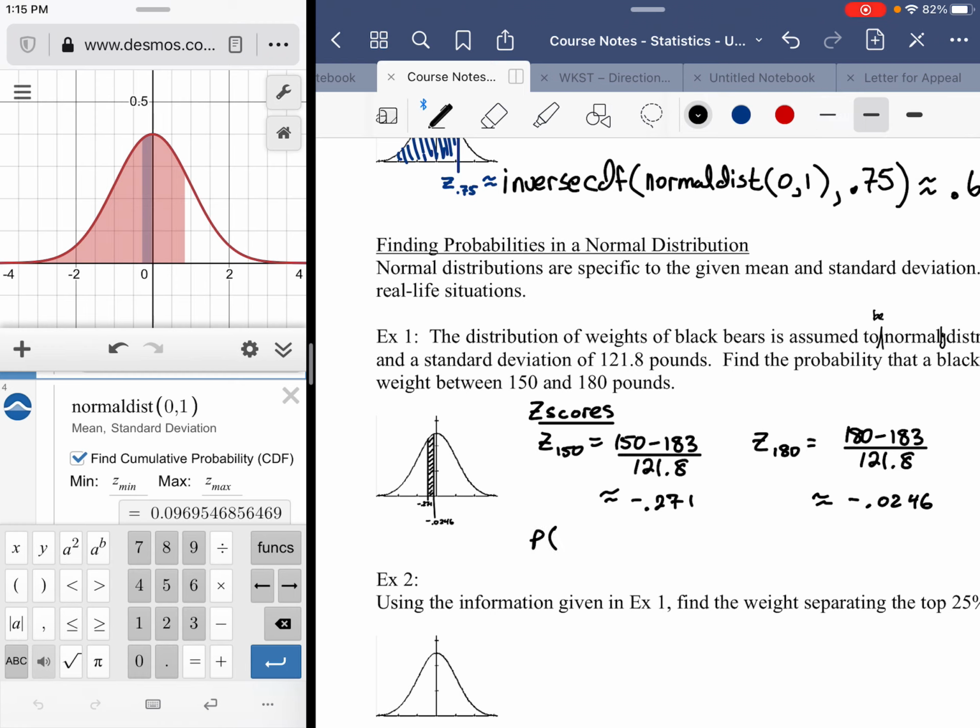We had x values that were between 150 and 180, but that translated, and I'll actually write that 150.